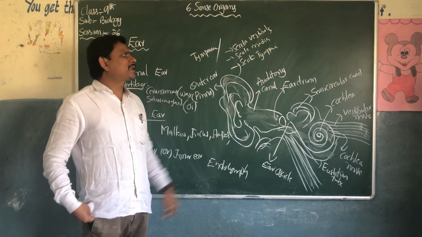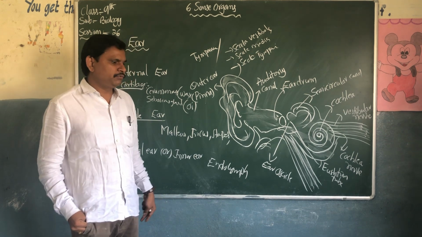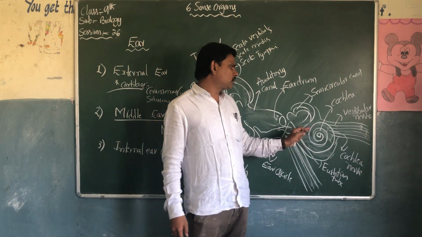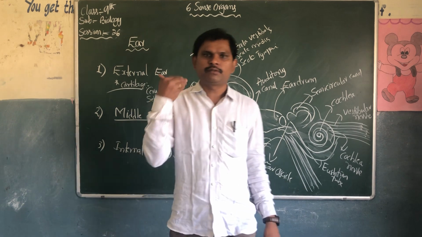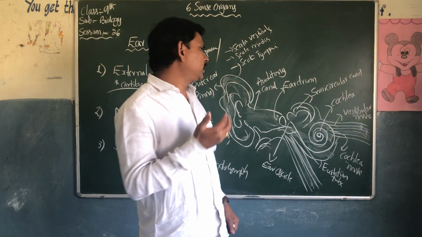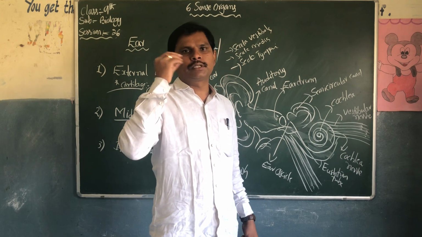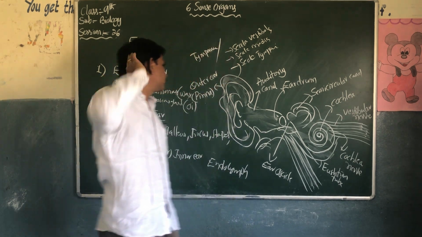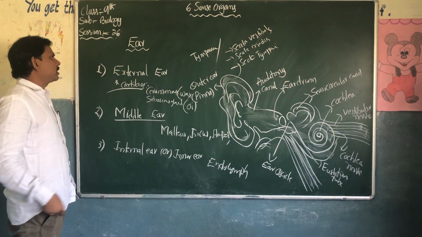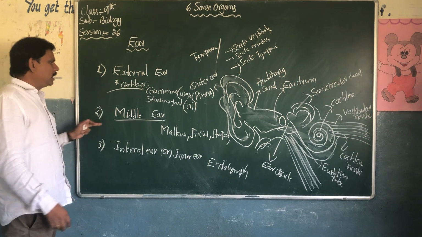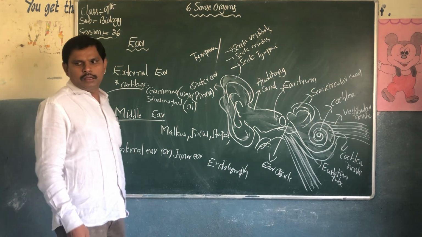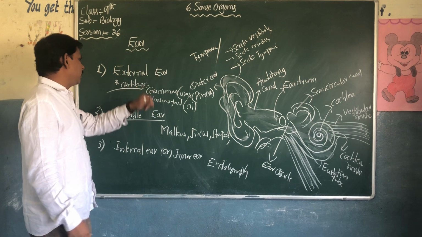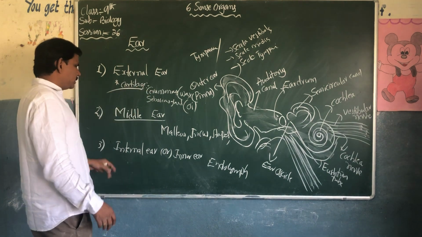This cochlea has three different parts: scala vestibuli, scala media and scala tympani. Finally, the information is sent to the vestibular nerves and cochlear nerves. Once the sounds enter the nerves, they carry the message to the brain, and the brain gives a response. This is about the internal structure of the ear: external ear, middle ear, inner ear. You have to draw the diagram and write a few words about what the external ear, middle ear and internal ear are.